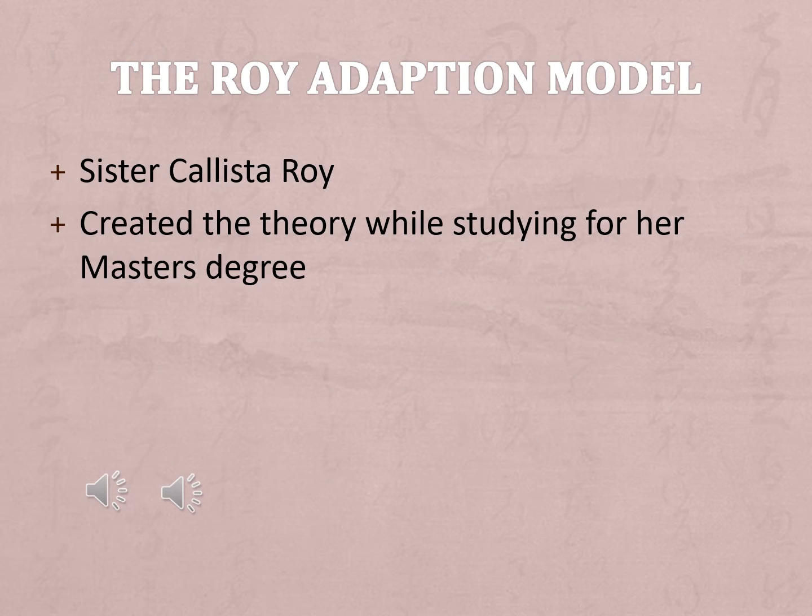So since I explained the article a little bit, I'd like to dive deeper into the Roy adaptation model and what that looks like, and who the nursing founder is that is wrapped around this amazing theory and model in nursing. So the Roy adaptation model, of course, is named after the theorist Callista Roy. She created this theory while she was studying for her master's degree.